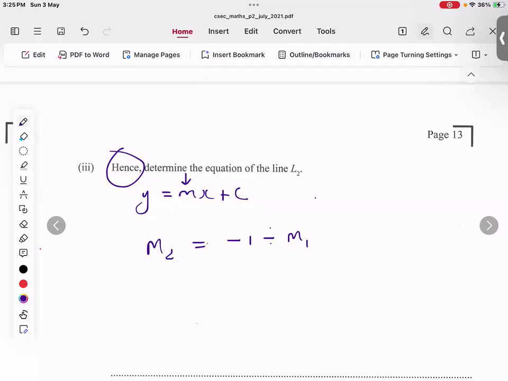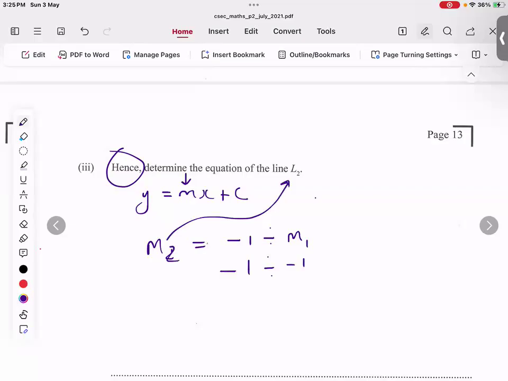So anyhow you find out, or they're telling you, that two lines are perpendicular, once you have the gradient of the first one, you simply divide it into negative 1. M2 is the gradient of the second line.